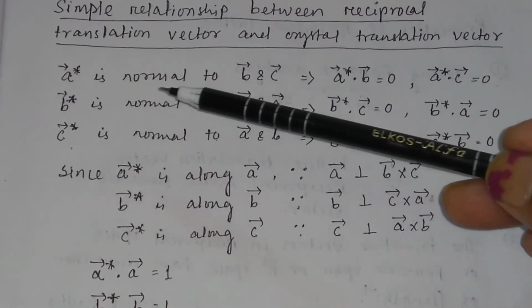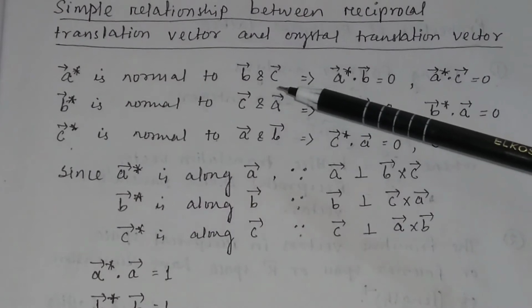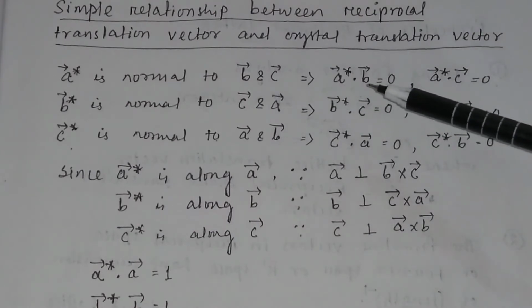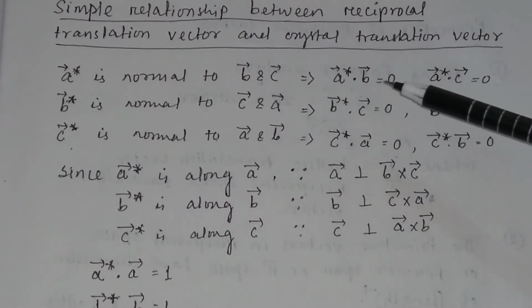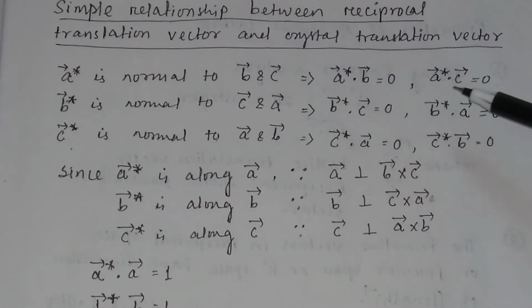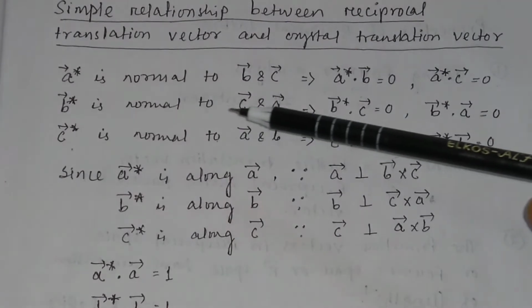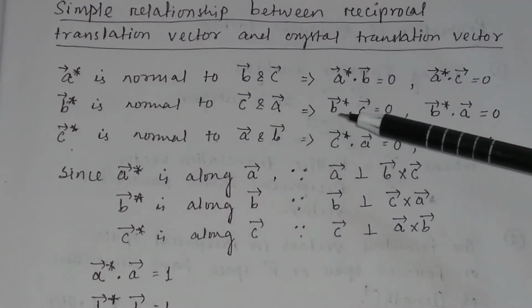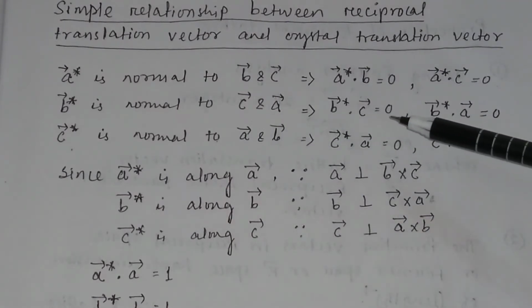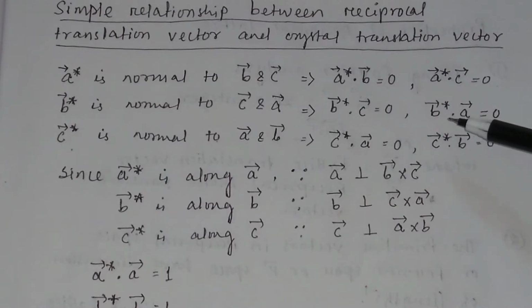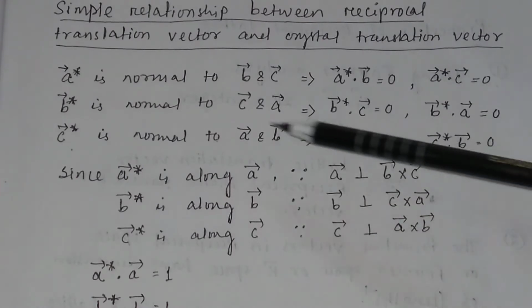Here A star is normal to B and C. So you may write A star dot B equal to 0 or A star dot C equal to 0. Similarly, B star is normal to C and A. So you may write B star dot C equal to 0 or B star dot A equal to 0.